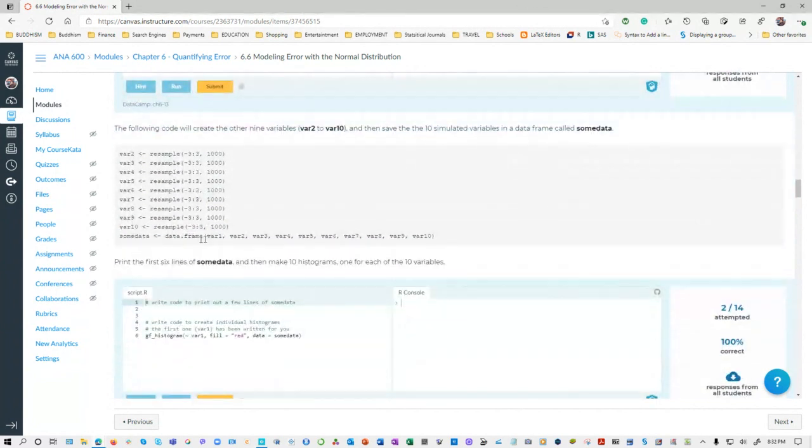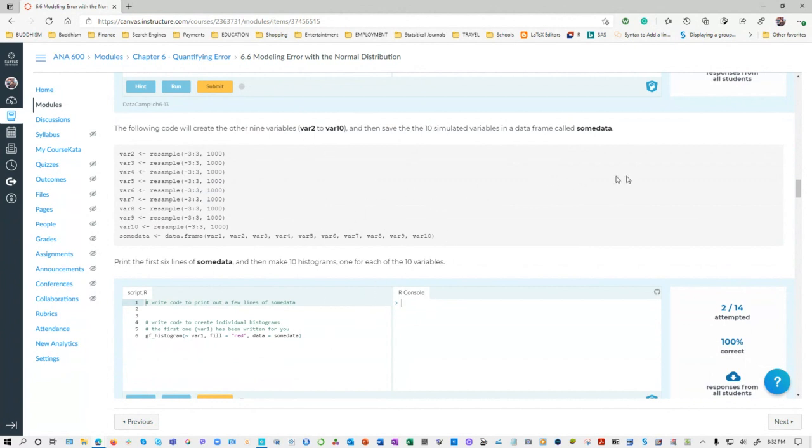You combine and put everything into one data frame. If you put var1, it goes to the first column, var2 to the second column, third, fourth, fifth, sixth, seventh, eighth, 9, 10.